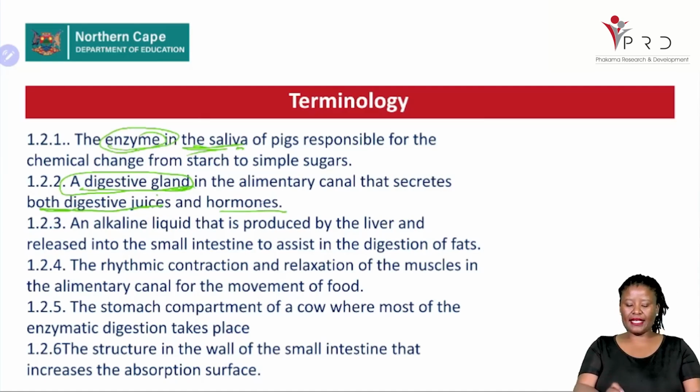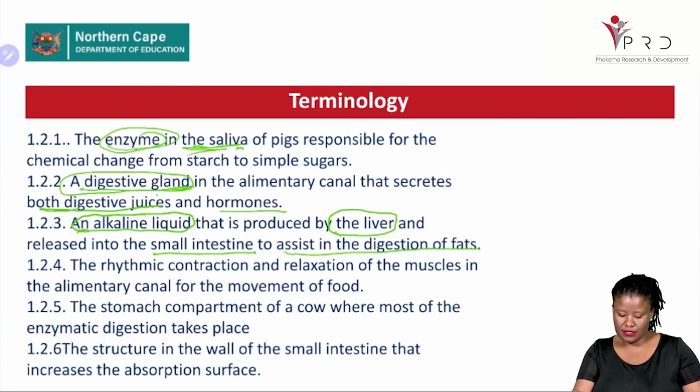An alkaline liquid. Which liquid is alkaline? This alkaline liquid is produced by the liver. Then you ask yourself, what does the liver produce? It is produced by the liver and released into the small intestine in order to assist with digestion of fats. You already have answers there.